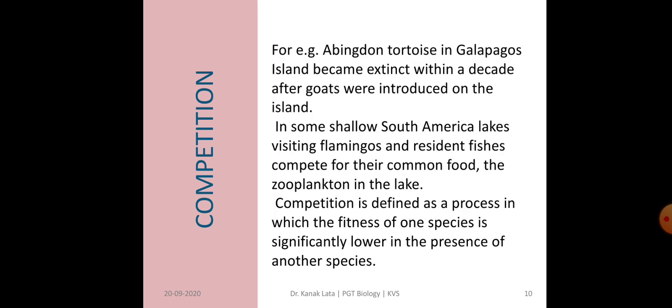For example of competition, the Abingdon tortoise in Galapagos Island became extinct within a decade after goats were introduced on the island.